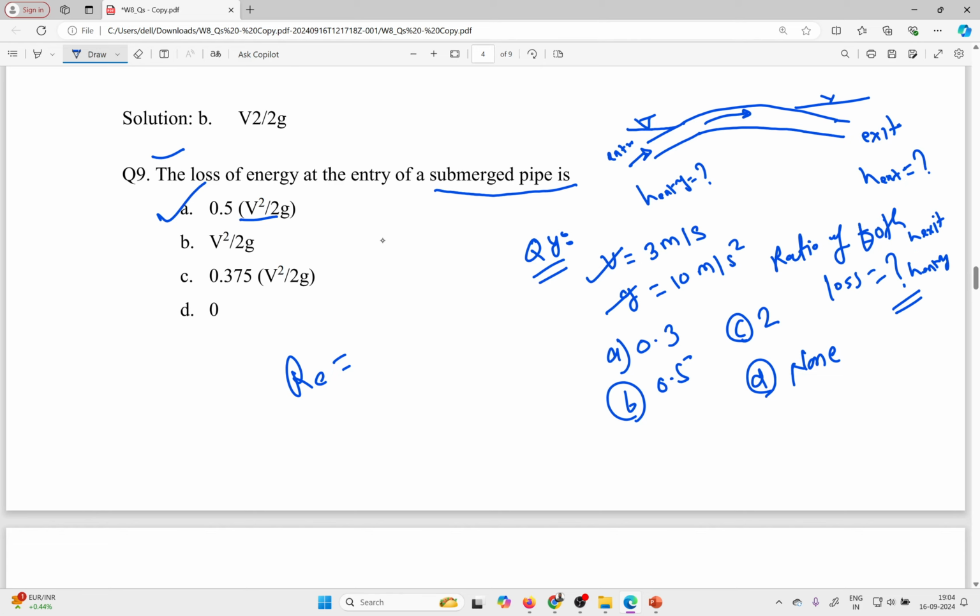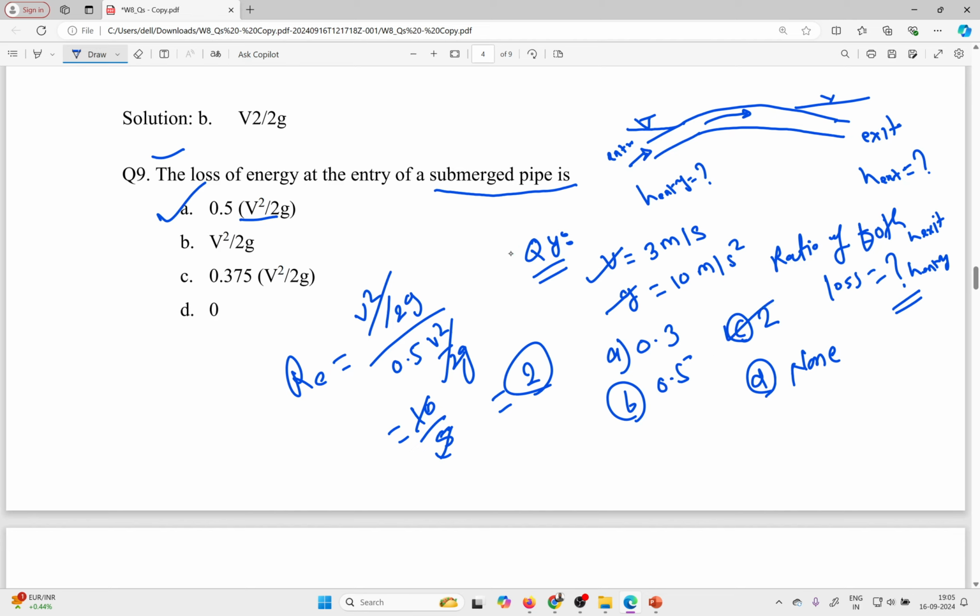H exit is V square by 2g divided by H entry. H entry is 0.5 V square by 2g. So they cancel out each other. 1 by 0.5, when we remove the decimal, it will be 10 by 5, which is 2. So your option C will be correct.